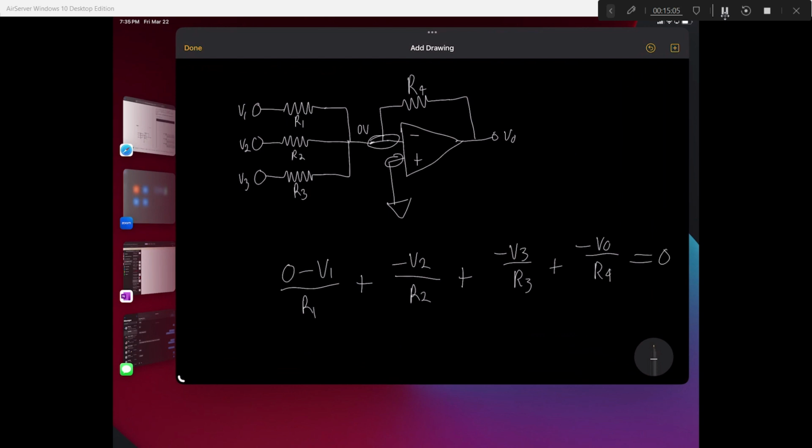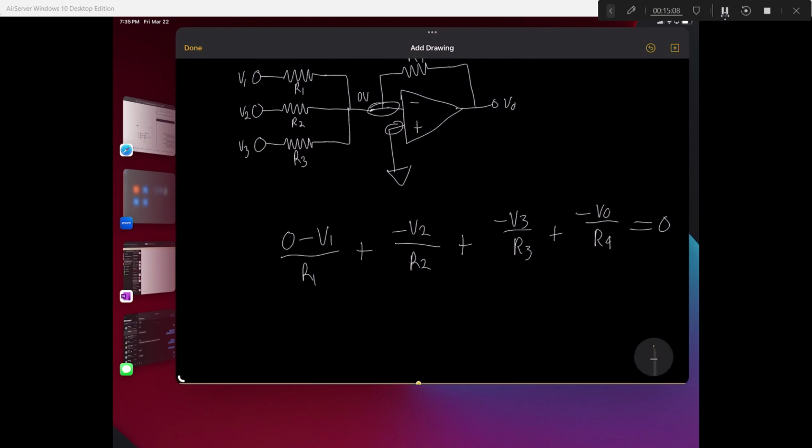Now let's solve for V out, since it's our important point. We're going to get it on the other side. We're going to add it over. We get V out over R4 is equal to, let's factor out that negative, negative V1 over R1 plus V2 over R2 plus V3 over R3.